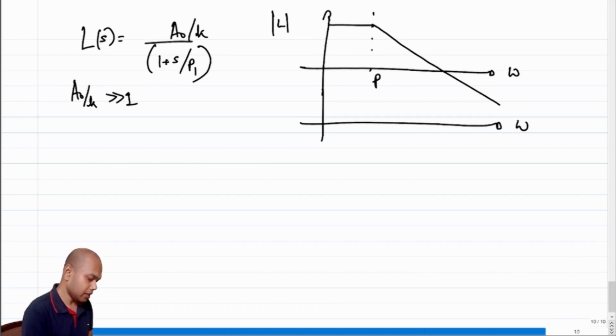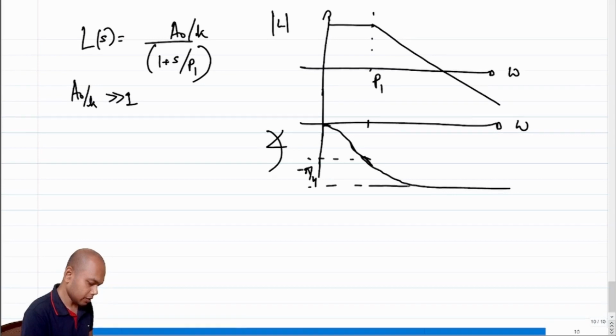And what will be the phase plot? The phase plot will start from 0. At P1 it will go to minus 45, and then reach minus 90 eventually.